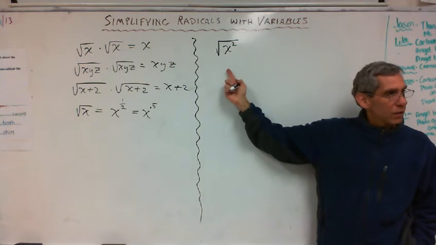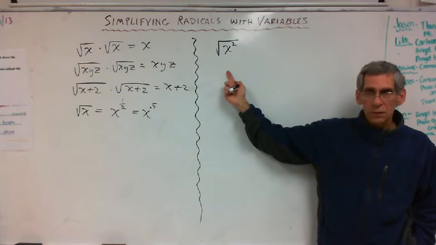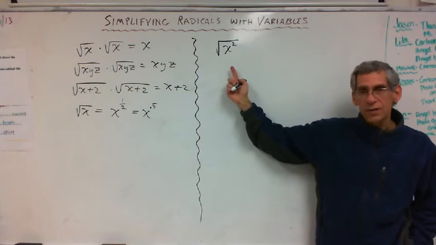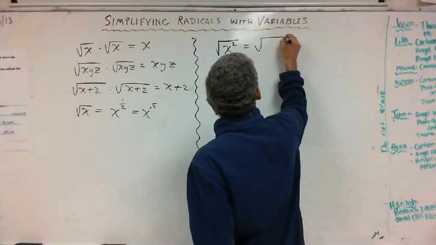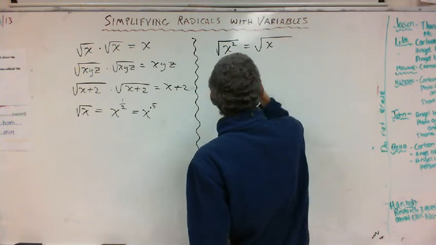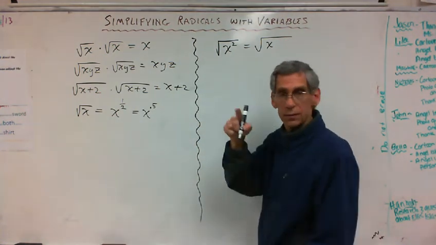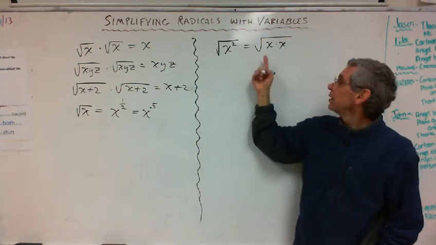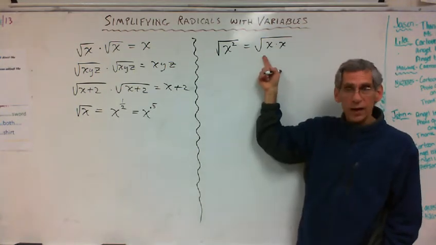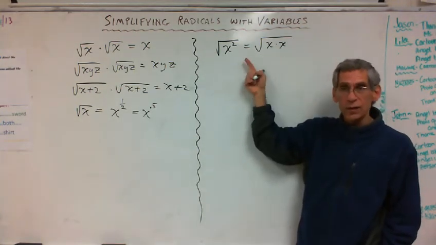What times itself equals x squared? x times x. The x would be the thing times itself, and that would equal x squared.